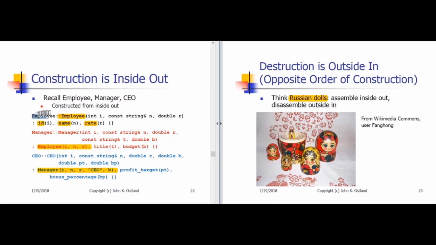Actually, that applies here to the employee class as well, because in this case, for our employee, manager, CEO hierarchy, the employee class is the basemost class, and if we need to have destructors for employees, managers, and CEOs, and we need to be able to allocate and deallocate these things on the heap on the fly, the employee class's destructor had better be virtual, so that when we dynamically allocate a CEO and later deallocate the CEO, the destructor for the CEO will be called first, followed by the destructor for the inner manager part, followed by the destructor for the inner employee.